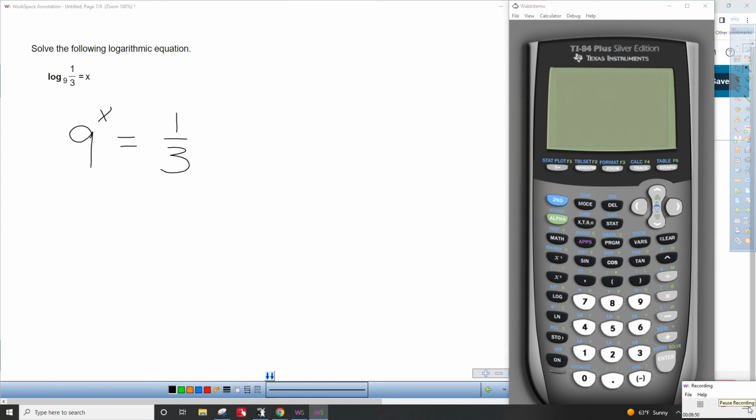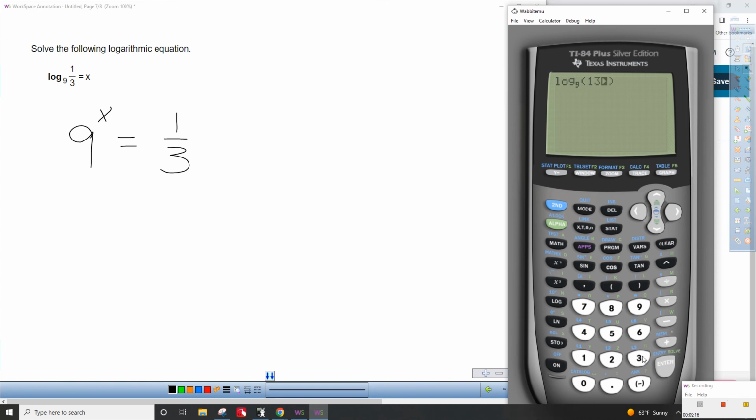Let's try it again. All right, so if we go math, and then go up to log base. Here we go. Log base 9 of 1/3.